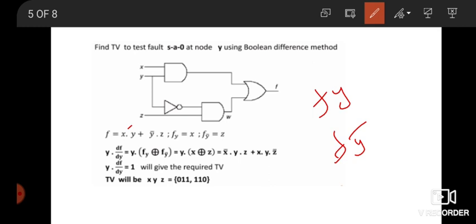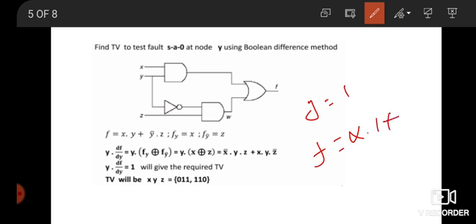Here Fy equal to x: substitute y equal to 1 in the expression. Then f equal to x dot 1 plus 1 bar into z, which is 1 dot x plus 0 dot z. The second term is 0, so 0 plus x equals x.